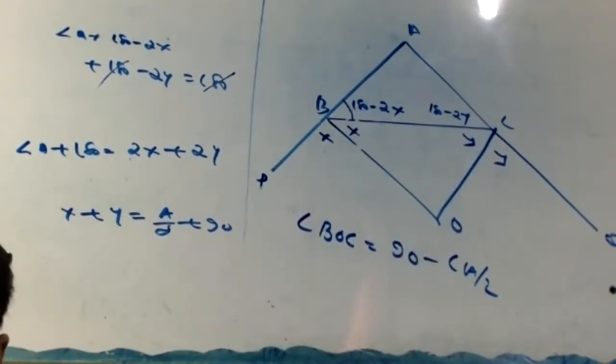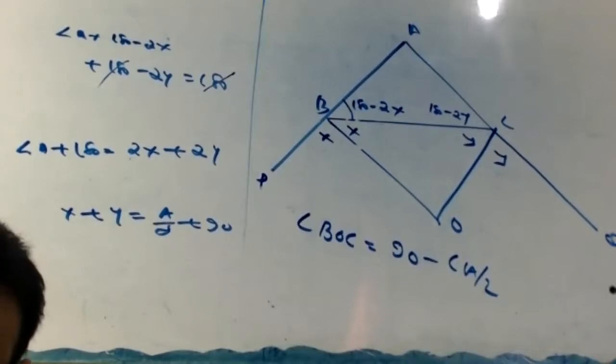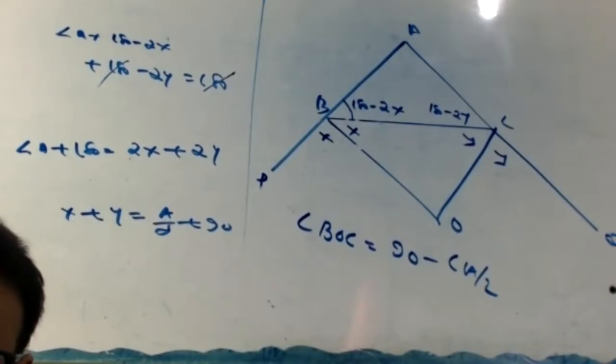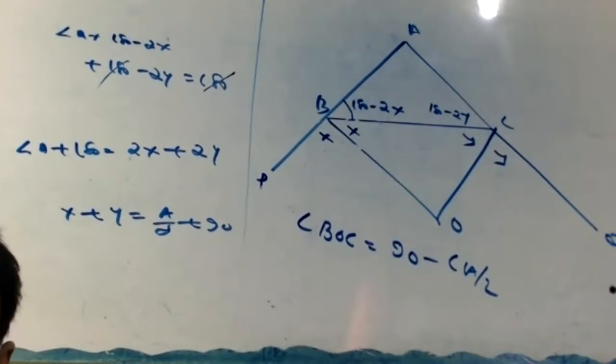Angle PBC plus angle ABC 180 degree, bracket linear pairs. Don't write LP. What, liquid petroleum?